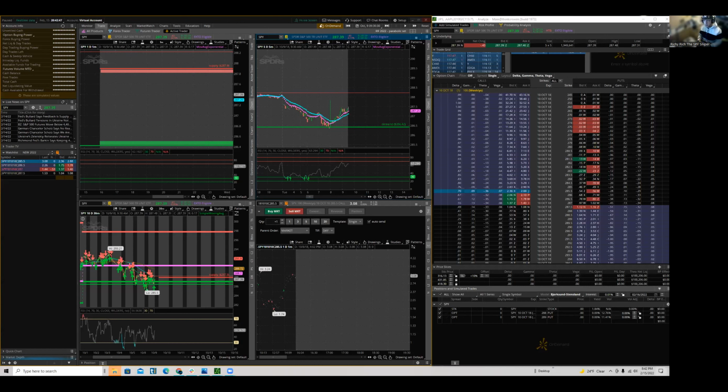I know a lot of people will respect the brackets, and then they keep pushing the stop loss lower and lower, thinking the market might turn around, and now you're messed up. I know a lot of people still do that. So don't do that. Those are bad habits. You have to build a routine of good habits.